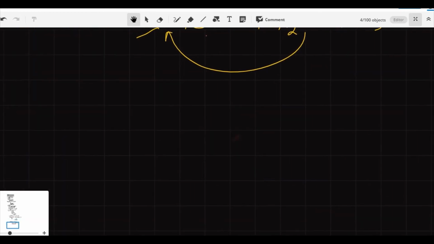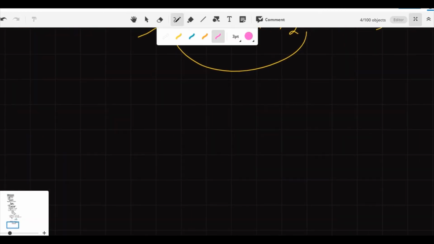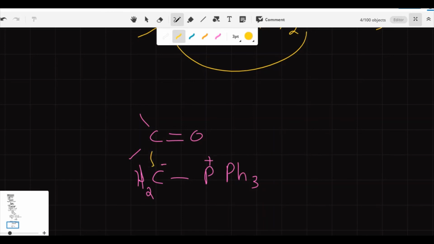Let's suppose I make it another way: carbon, oxygen, and I am going to write here CH2 along with phosphorus Ph3, positive charge, negative charge. Now the negative charge will attack the carbon, while the double bond will shift onto the oxygen atom. Now the oxygen has the negative charge, so oxygen will preferably make a bond with the phosphorus.